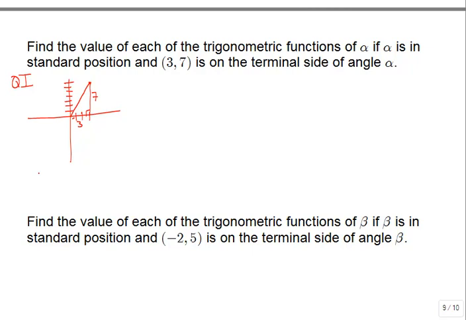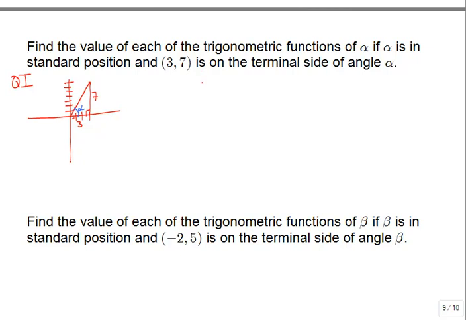Now, if it says that this angle alpha has terminal side through (3, 7), that just means that this little angle right here is our alpha. So we have a right triangle, and we're trying to find the value of each of the trigonometric functions of alpha.